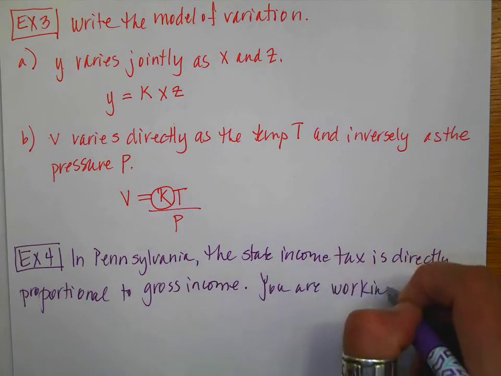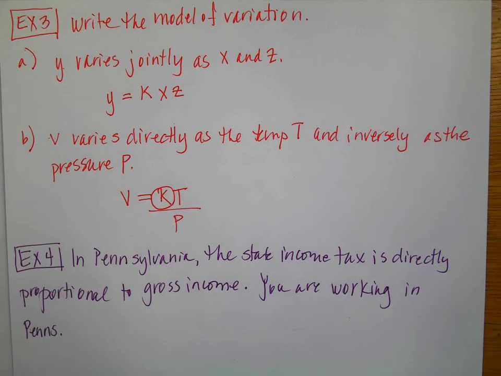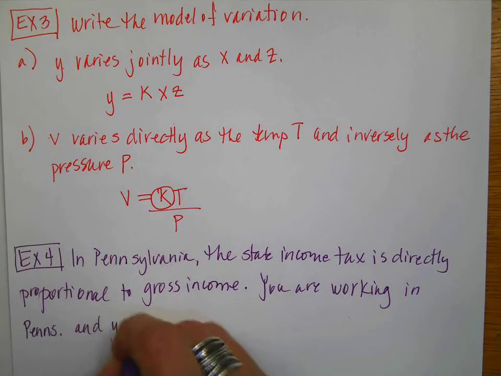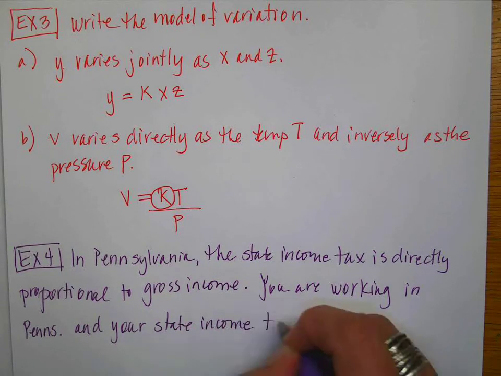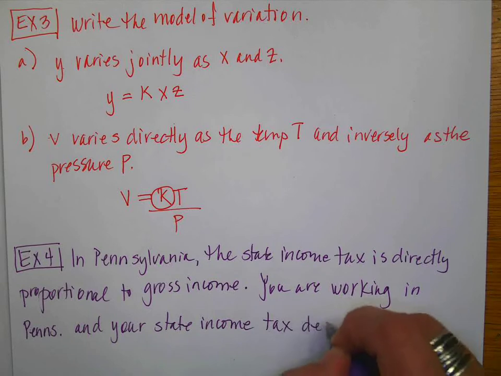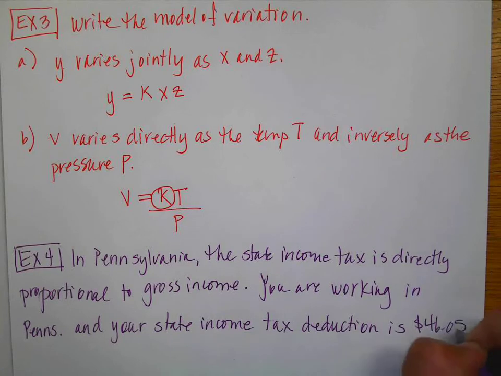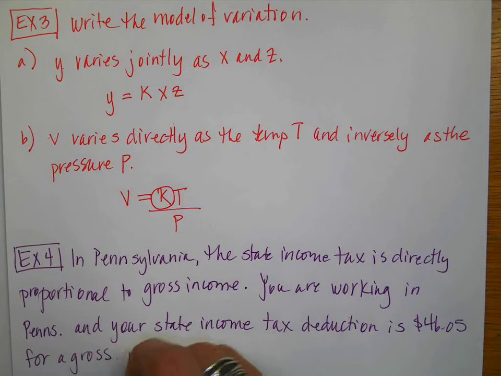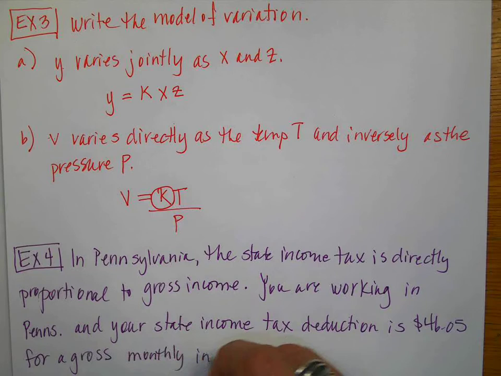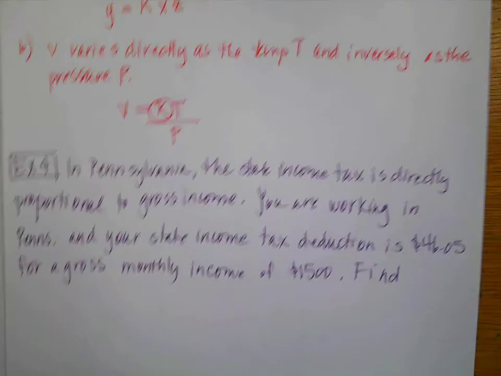You are working, that's a G, in Pennsylvania. I'm going to just write it as Penn. And your state income tax deduction is $46.05 for a gross monthly income of $1,500.